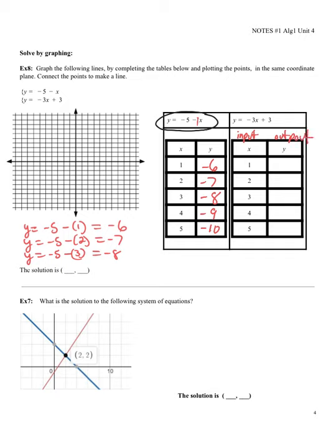When I input 1 into that equation, I'm going to output -6. When I input a 2, I'm going to output a -7. When I input a 3, it's going to be -8. When I input a 4, it's going to be -9. When I input a 5, it'll be -10.